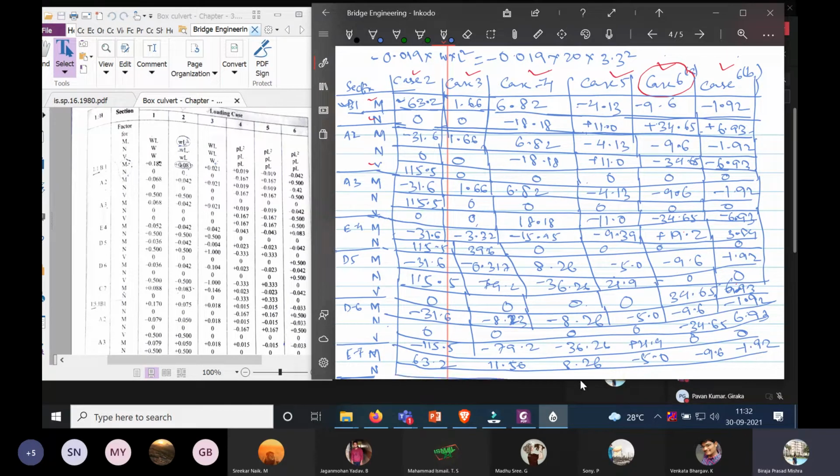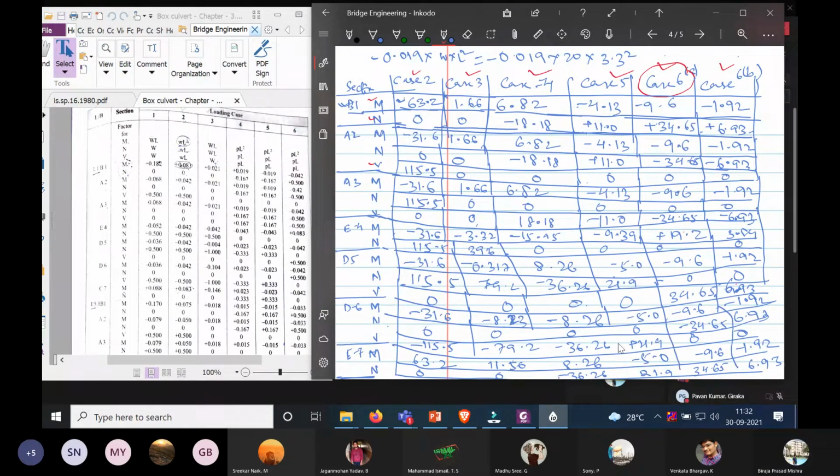Okay, now the next value is 0, 0, minus 36.26, 21.9. Next 34.65 and 6.93.